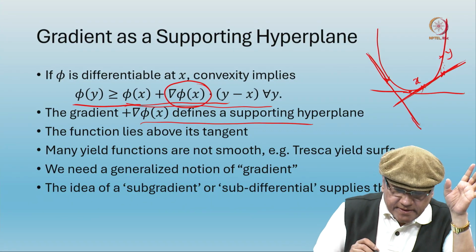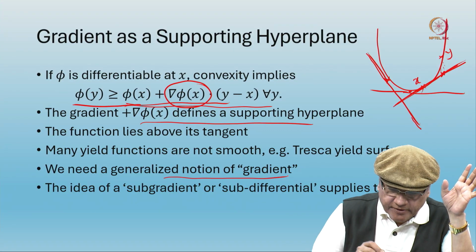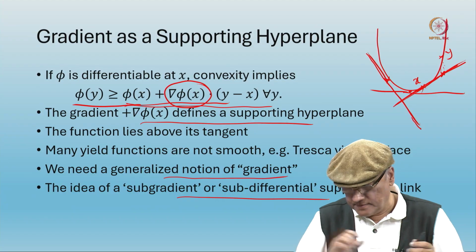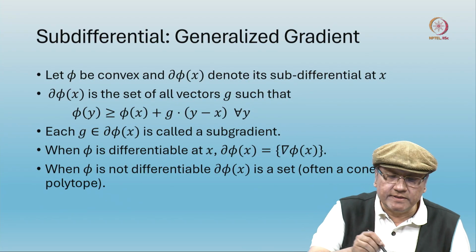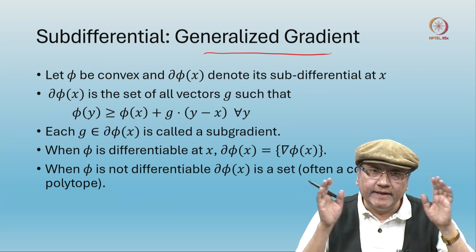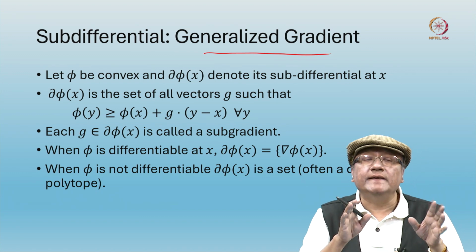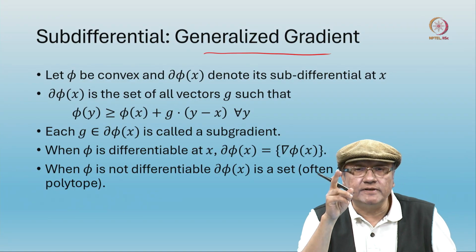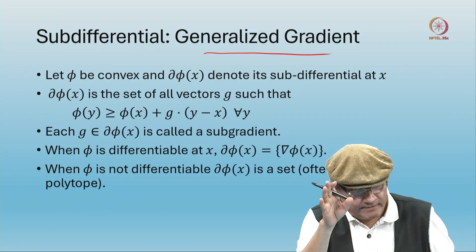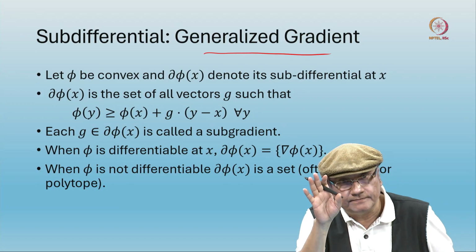We need the generalized notion of a gradient, which is the subdifferential. Whenever phi is sufficiently smooth and the gradient exists, the subdifferential is the gradient itself. That has to be understood first.